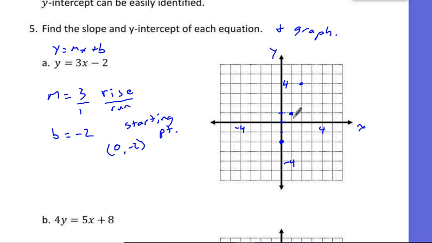So if both the numerator and denominator were negative, that would also be positive, because a negative divided by a negative is a positive. So this gives us now very quickly a whole bunch of points that we can connect with a straight edge to show this line graphed using the slope-intercept form, identifying the slope and the y-intercept.